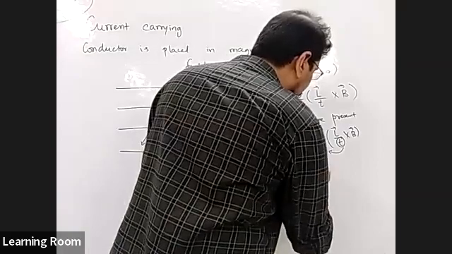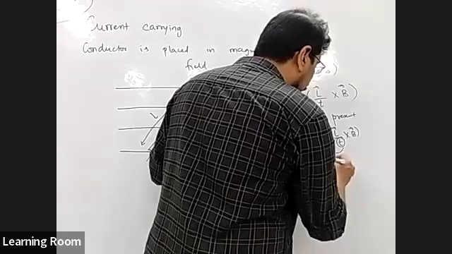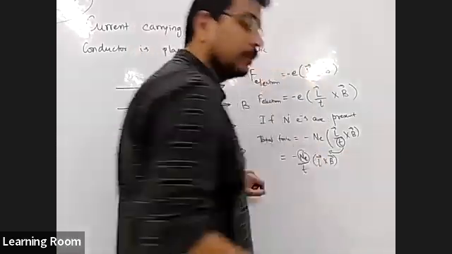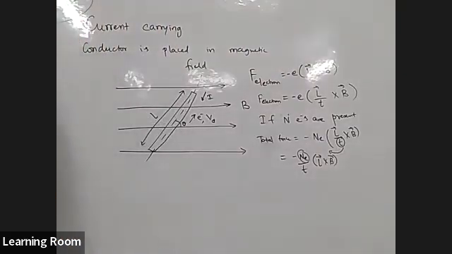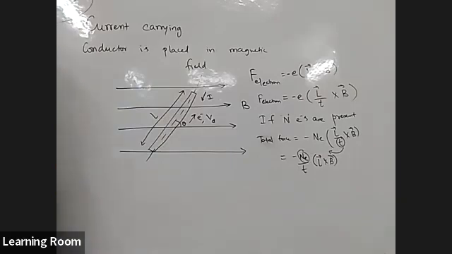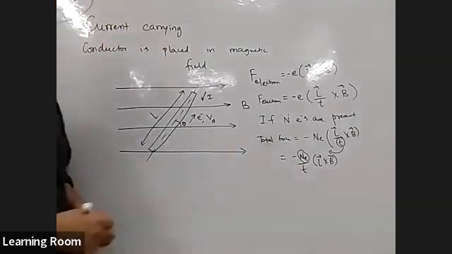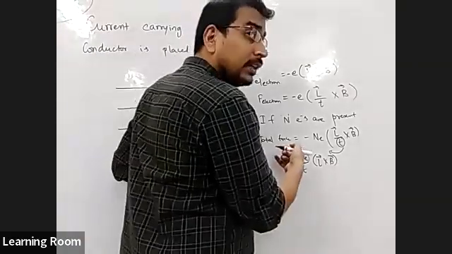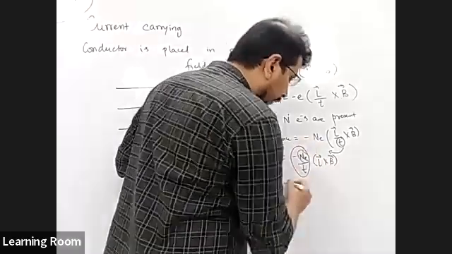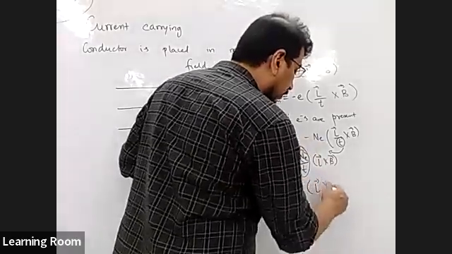So can I write it as minus NE divided by T into L vector cross B vector? What is this N into E? Quantization of charge. It is the total charge that is flowing inside the conductor. So the total charge per unit time will give me the value of current. So here the minus sign has something to do with the negative charge of the electron. So the whole thing I will call it as current, and L vector cross B vector.